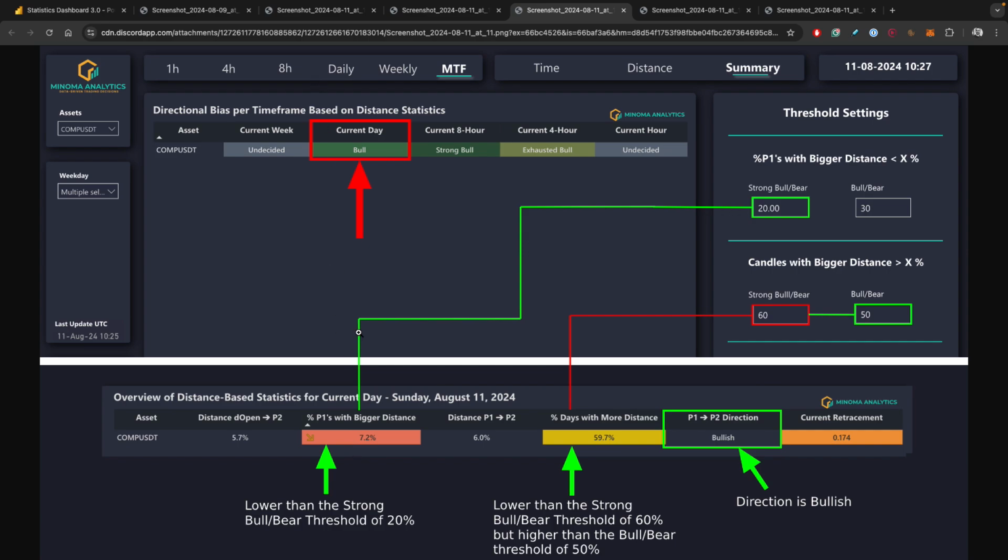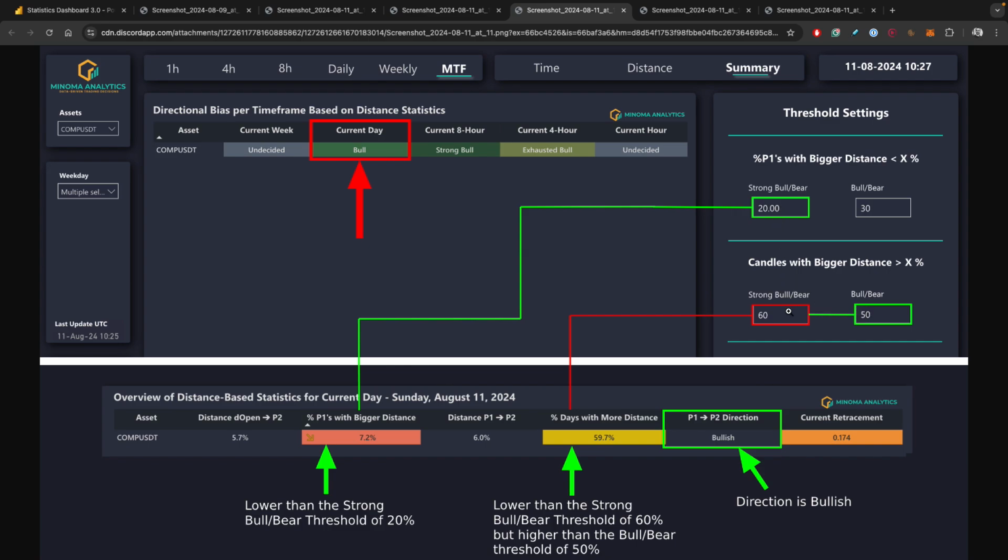So we have bull because the percent P1s with bigger distance is lower than the strong bull bear threshold of 20%, right? We can see this one is being met, but the percent candles with more distance is lower than the strong bull bear threshold of 60%, right? You can see that this one is not being met, but this threshold is being met because it is higher than 50%.